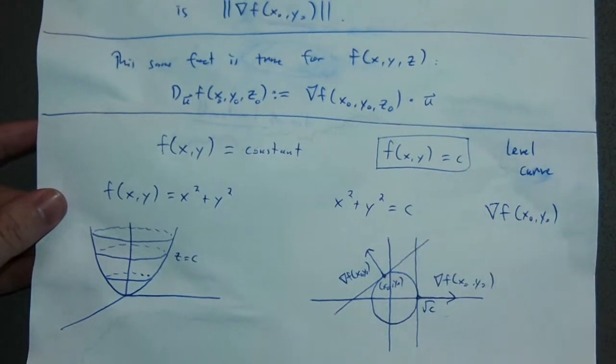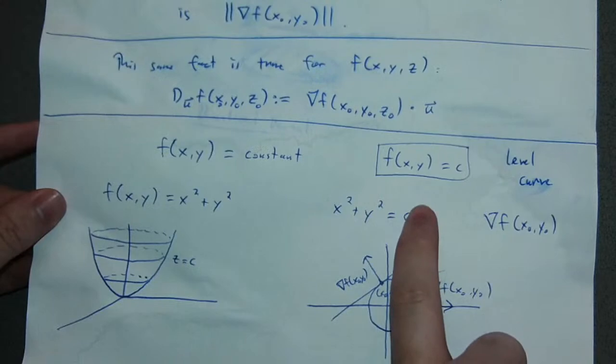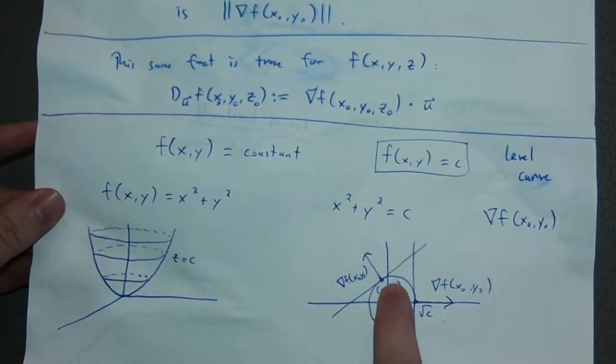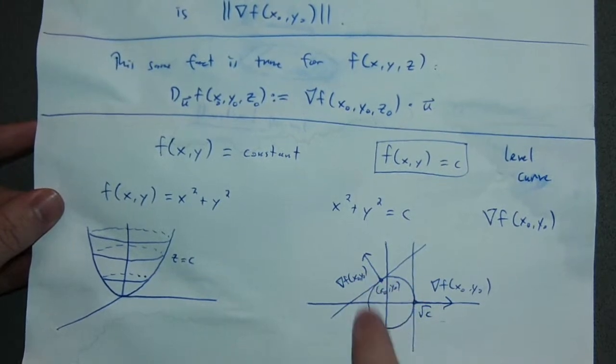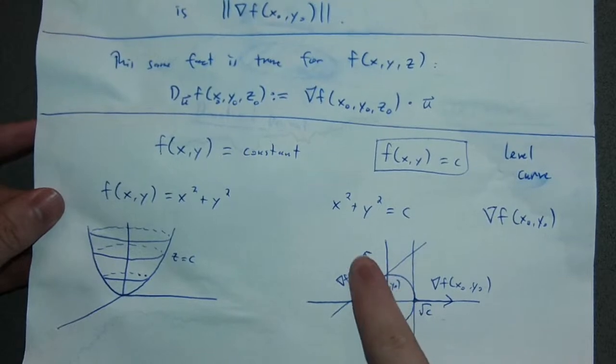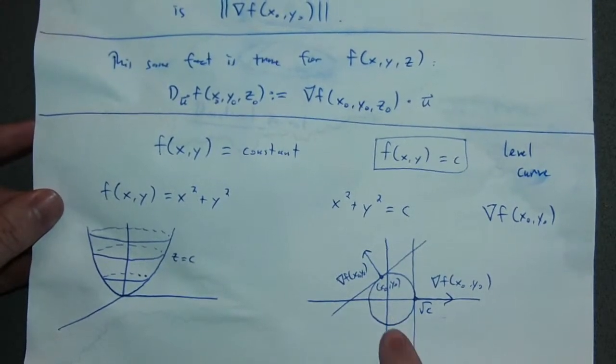So there's a curve in the plane. And as we saw last time, the gradient vector of this function at a point was actually a vector normal to the graph of this level curve, okay? Which means, as a normal vector, it specified a tangent line to this level curve.